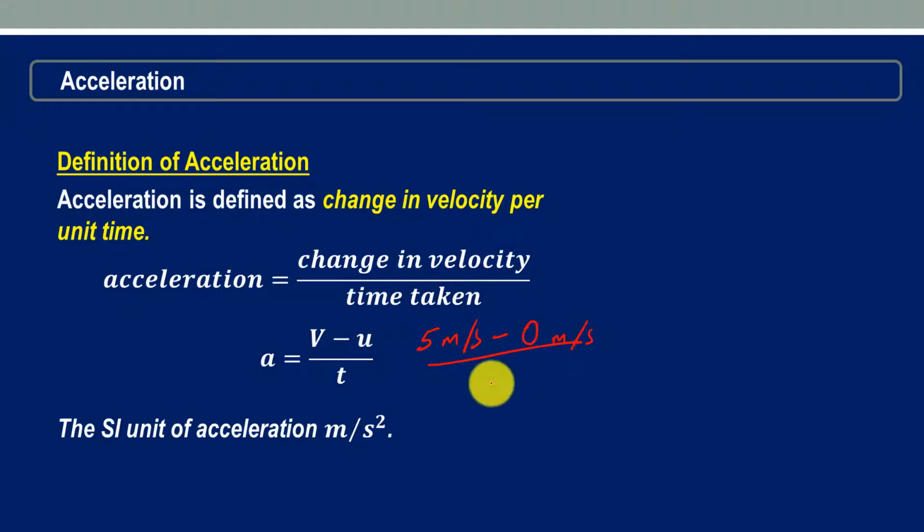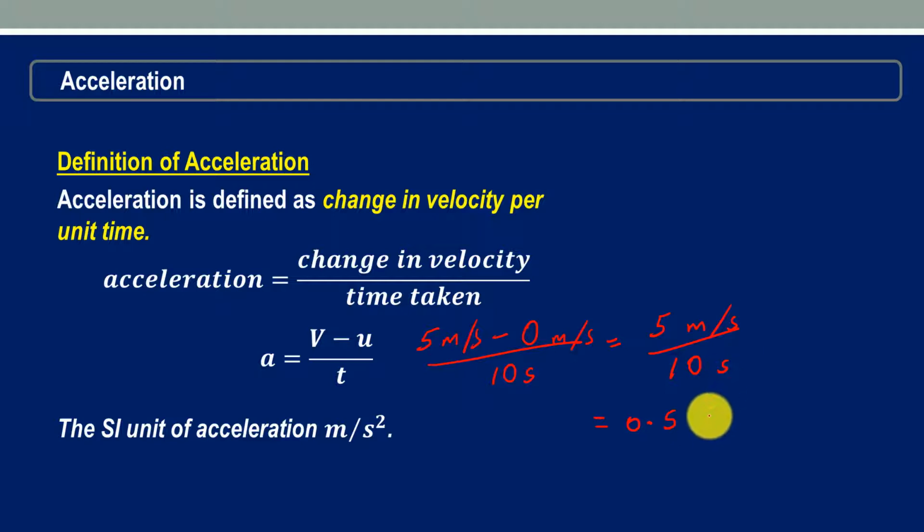Divide by, maybe for the velocity to change from 0 to 5, it took 10 seconds. Remember, I'm just interested in the units here. So 5 meters per second minus 0 meters per second, we of course get 5 meters per second. Divide by 10 seconds, and of course this gives us 0.5.